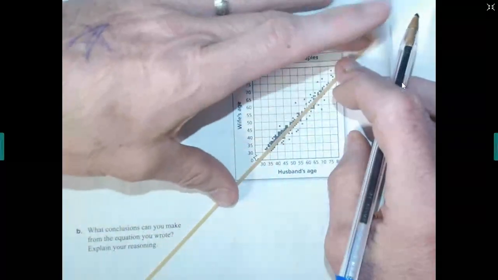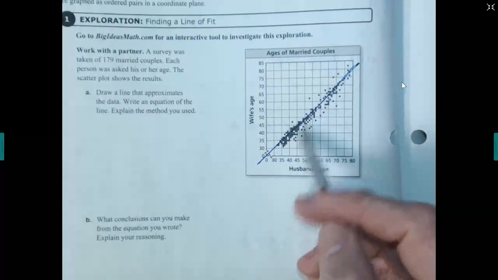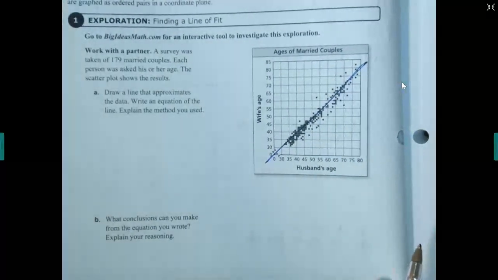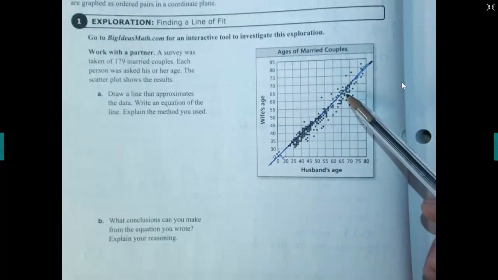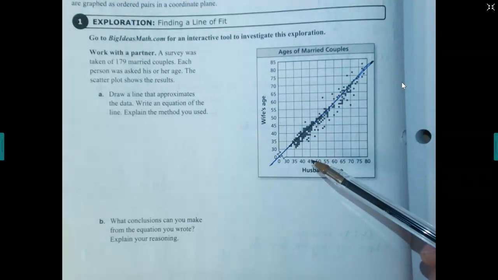So let's draw on our line right here. Pretty straight line. It was a little flexible, but pretty straight line. Maybe a few more points below than above. But there I have my line of best fit. So what I want to do first is I want to determine if I have a positive or a negative slope.